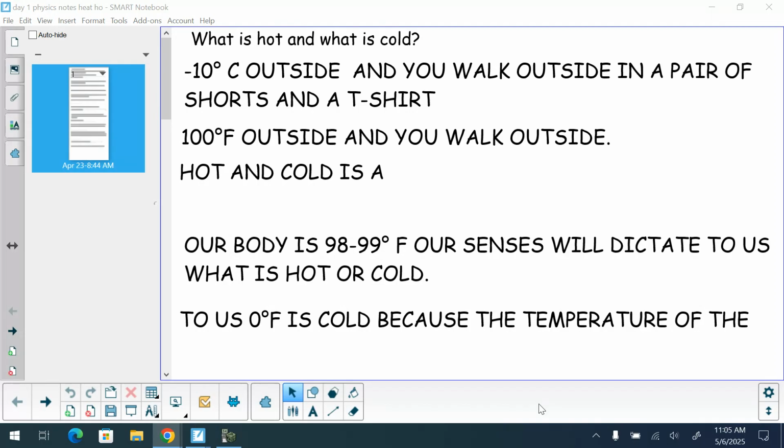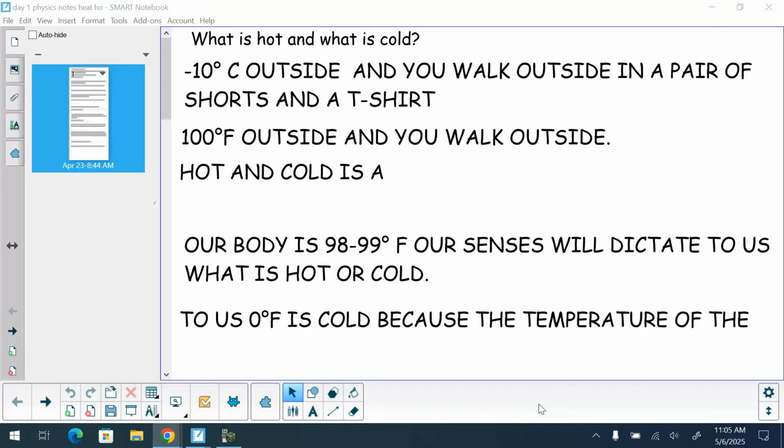Well, if it gets 85 degrees outside, and you're working outside, or just walking or sitting outside in the sun, or even the shade, some people might think, oh man, this is too hot. I can't take this. This is just way too hot. Well, like I said, everybody is a different person. What is hot for some people is cold for the other.